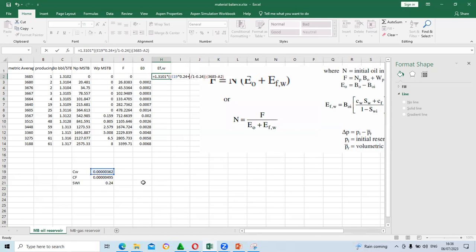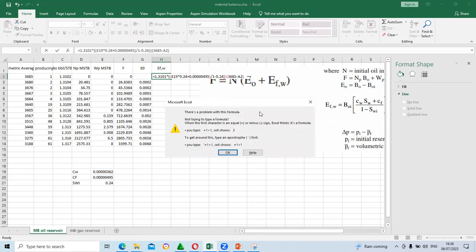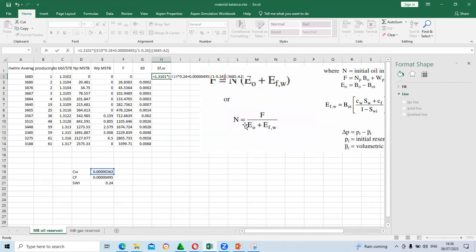E21 is formation compressibility 0.12345, then we have 495. What's happening again?